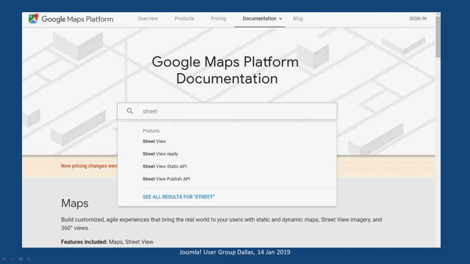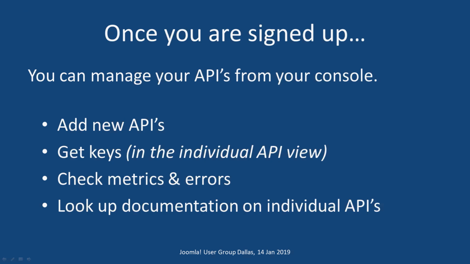You can see the map section here. If you scroll down this page, you could also see the routes and the places. But you can also type in the APIs that you're interested in learning about, and they'll come up. It's got a great documentation section.